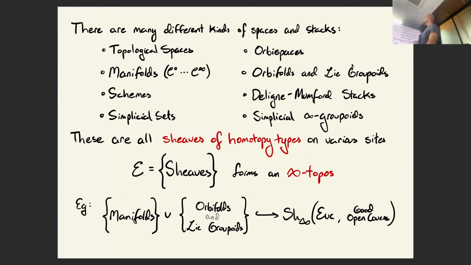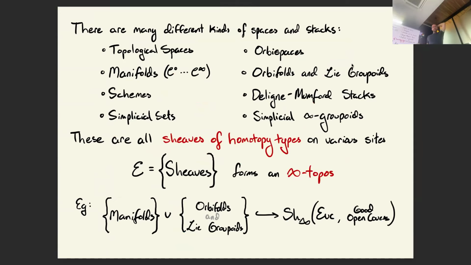Okay. So there are many different kinds of spaces, and these higher analogs of spaces, which are spatial homotopy types, also known as stacks or sheaves of homotopy types. Here are some examples. On the left, we have the ordinary spaces, and on the right, we have their infinityization. I'm not going to go through these too much, but the main point is that all of these form sheaves of homotopy types on various sites of definition.